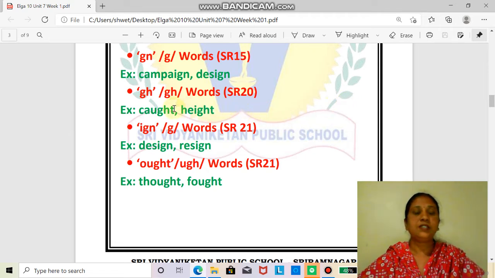Now let us see some more silent letter words. Here G and H come together, and both G and H are silent. So they are called silent GH words. For example, caught. While reading this word, did you hear the sound of G and H?